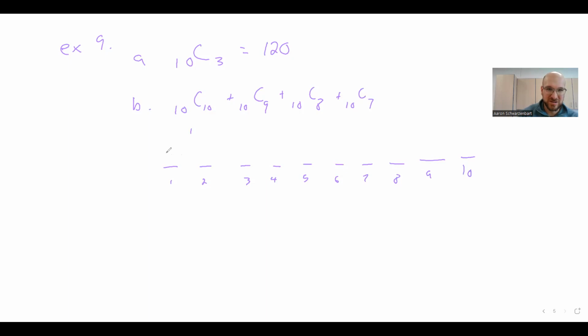You either choose yes or no, so there are 2 options for each topping. That's 2 times 2 times 2, aka 2 to the 10th.